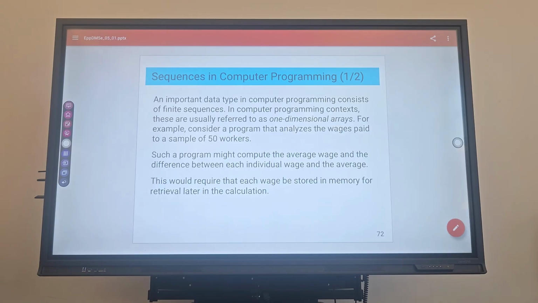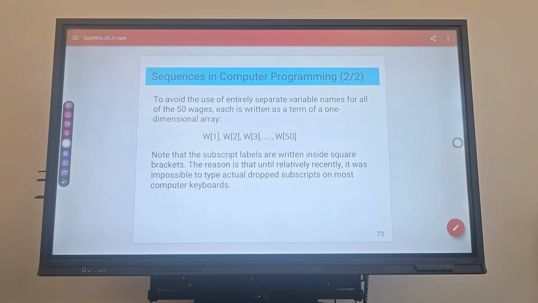Such a program might compute the average wage and the difference between each individual wage and the average. This would require that each wage be stored in memory for retrieval later in the calculation. To avoid the use of entirely separate variable names for all of the 50 wages, each is written as a term of a one-dimensional array.